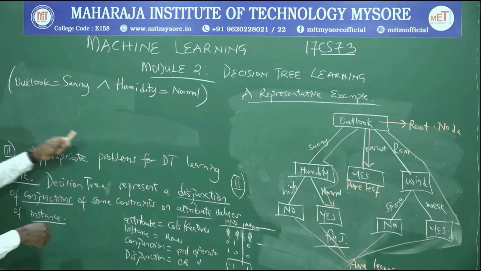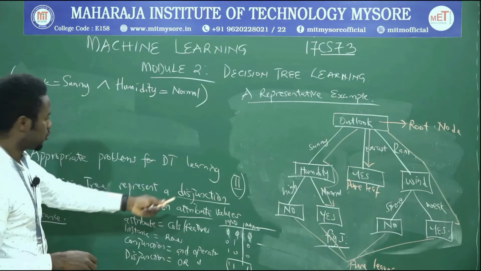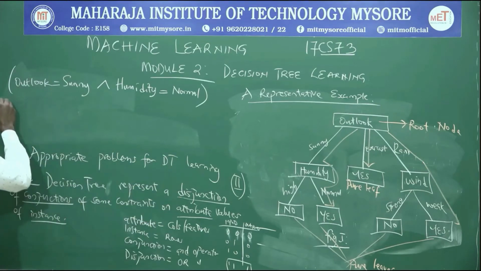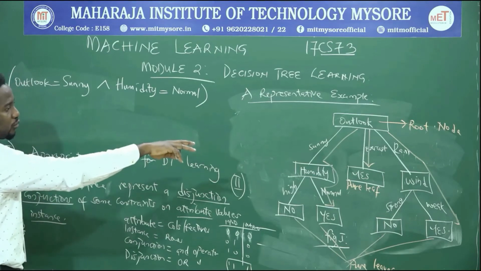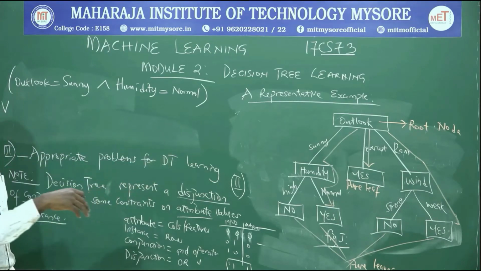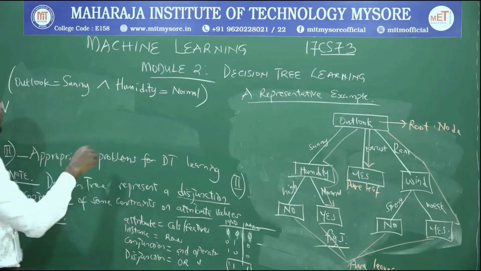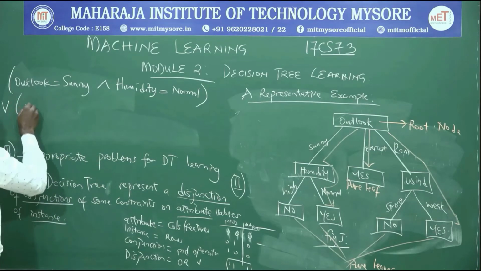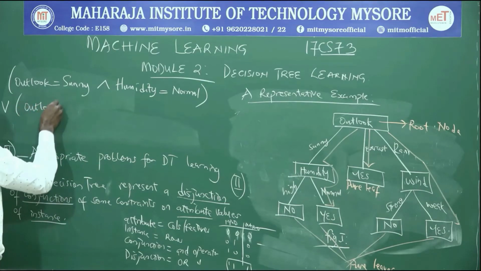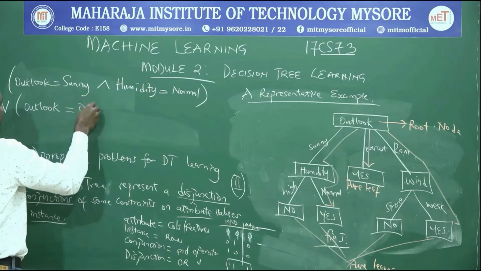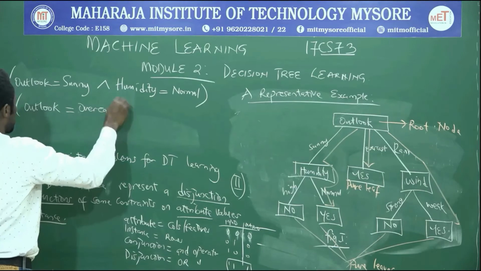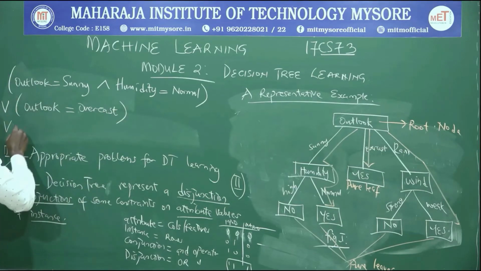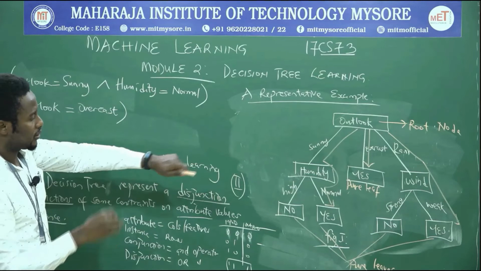So after this, we now move into disjunction, which is or. What is the next thing there? Quickly. Outlook equals overcast, right? Or Outlook equals overcast. Then or. What's the last one?